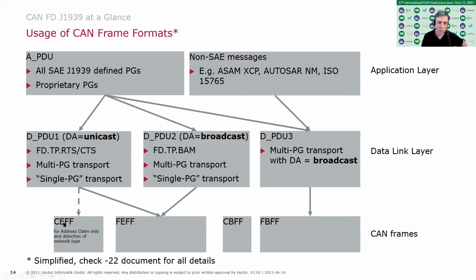They are the only ones that use classic extended frame format. Otherwise, for any other purpose, this shall not be used. And the classic basic frame format is not used at all, and you shall not use them.